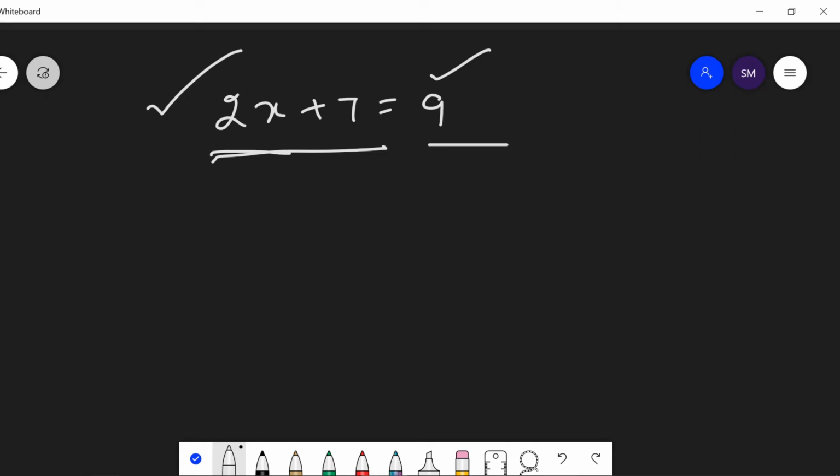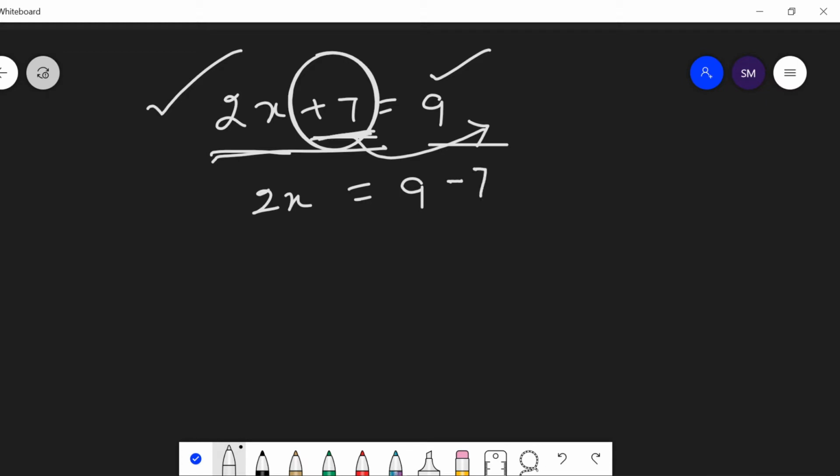First try to keep the variable side in the LHS and the constant side in the RHS. Here we keep 2x, and 7 is added here. When we shift it to the RHS, plus becomes minus. When it is added in the LHS, it gets subtracted in the RHS.